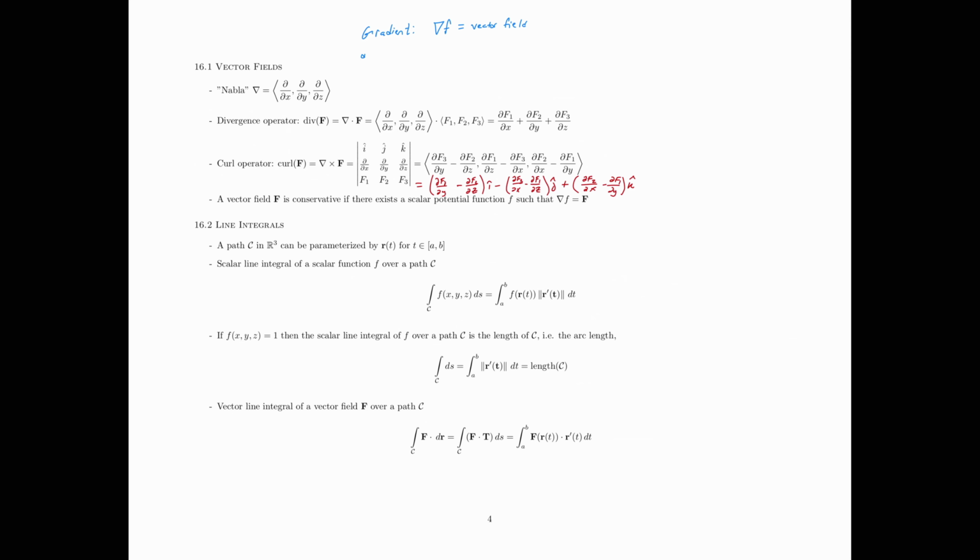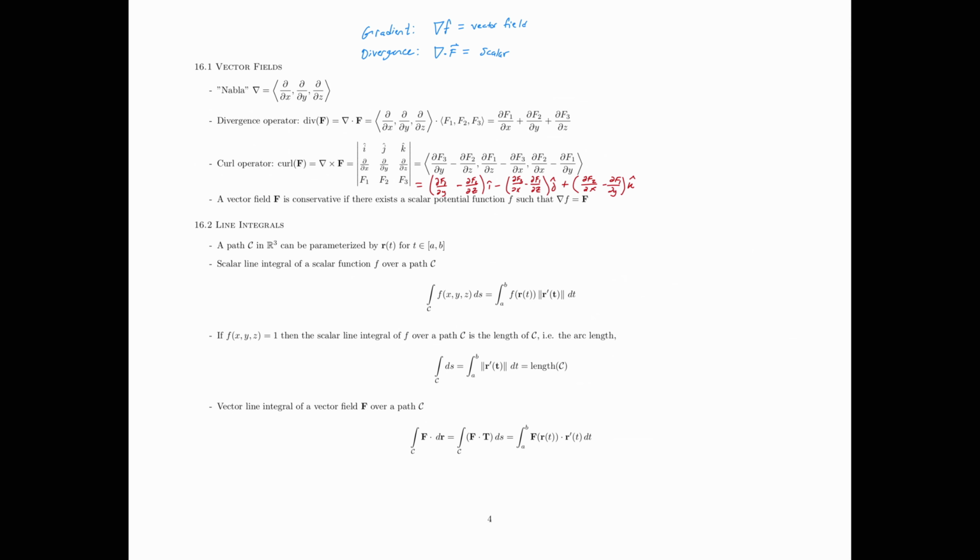Divergence. You take the divergence of a vector field, and the result is going to be a scalar. Notice down here, we had a vector field, took the divergence of it, and the result is no vectors, a scalar.